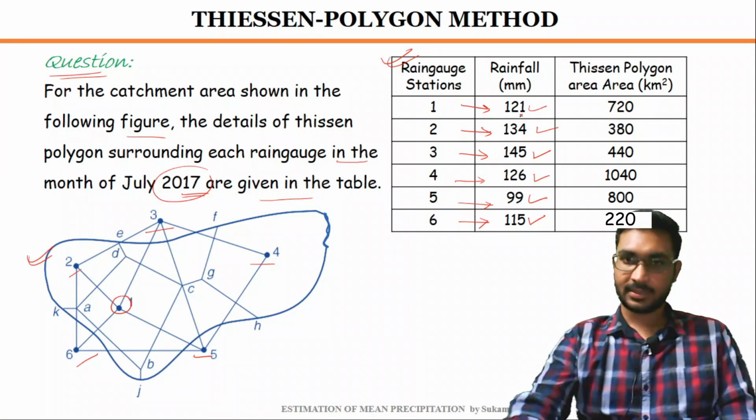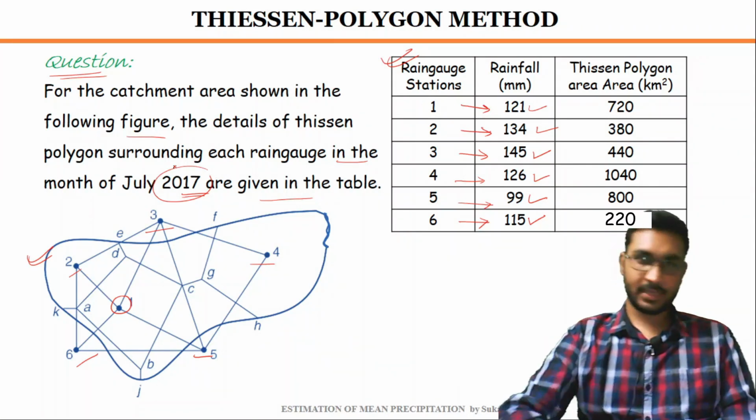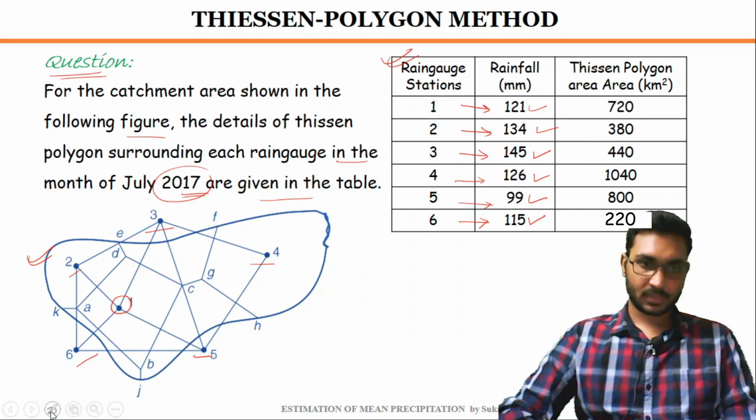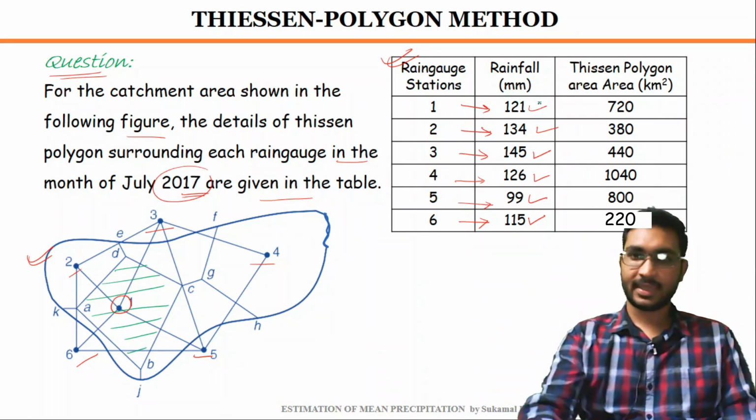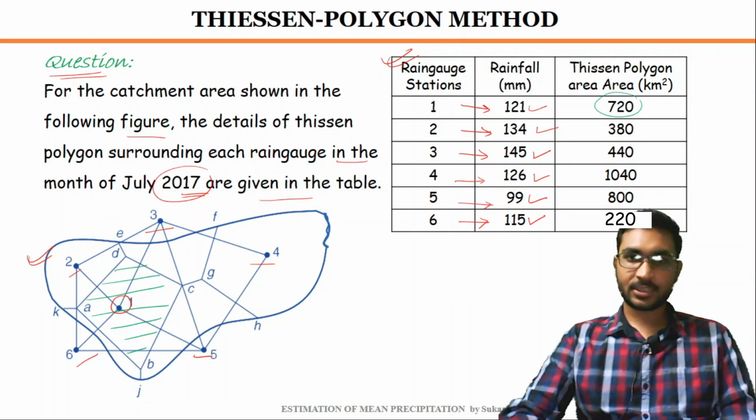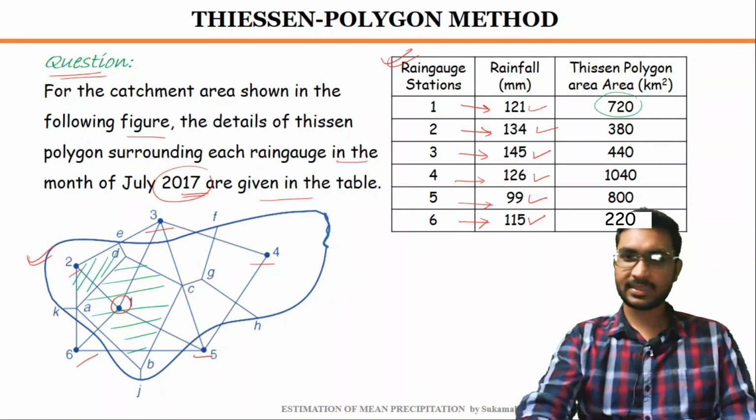See, for rain gauge station 1 this area is 720 kilometer square. Now for rain gauge station 2 the area is 380, meaning this portion is 380.